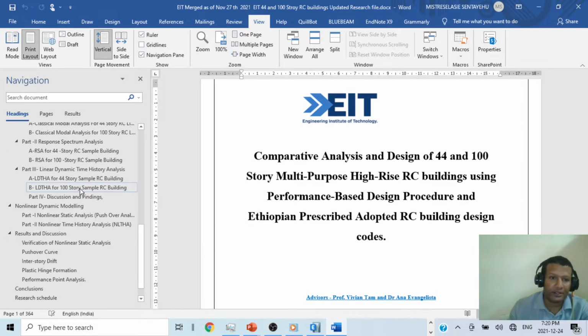All the procedure, everything is the same. The only difference between nonlinear and linear time history analysis is the modeling. For linear time history analysis, we perform our analysis in linear modeling. But for nonlinear time history analysis and pushover analysis, we are going to use nonlinear modeling.